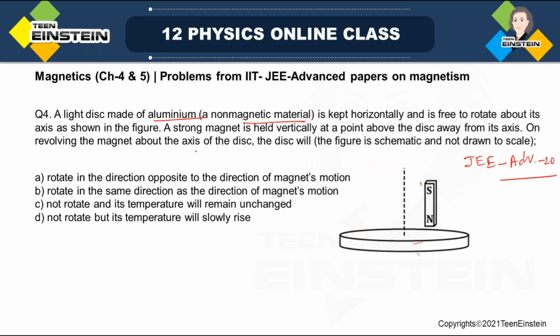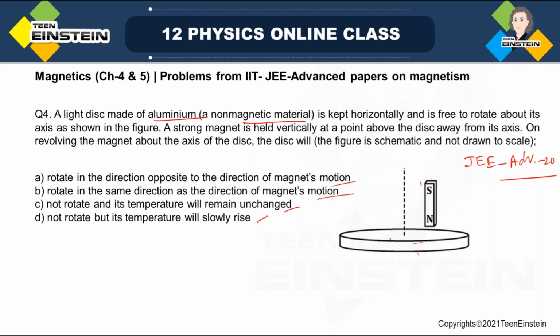On revolving the magnet about the axis of the disk, the disk will rotate in the direction opposite to the direction of the magnet's motion; rotate in the same direction as the direction of the magnet's motion; not rotate, and its temperature will remain unchanged; or not rotate, but its temperature will slowly rise. So these are the options.